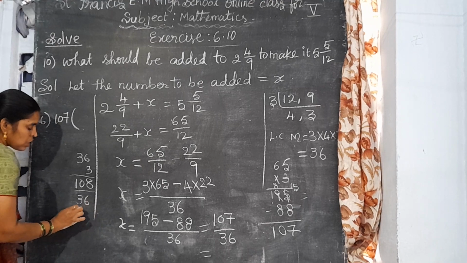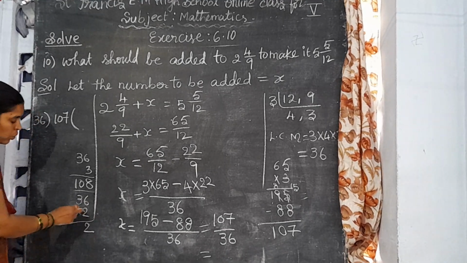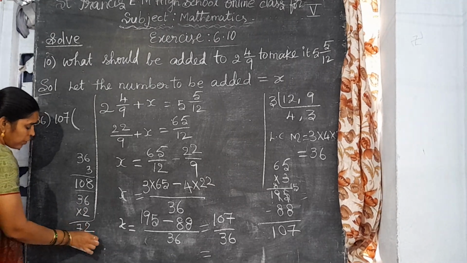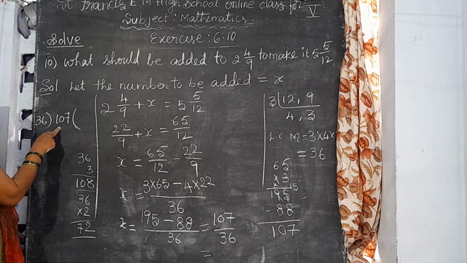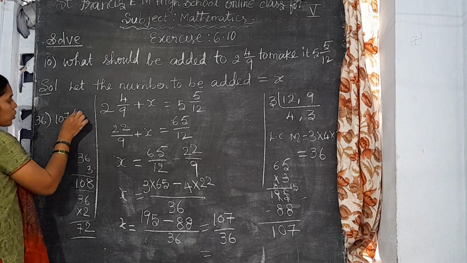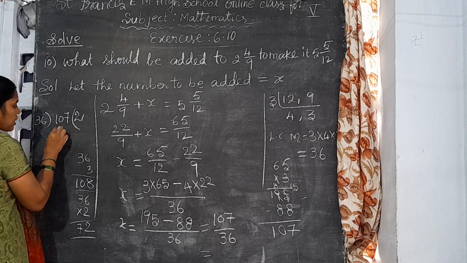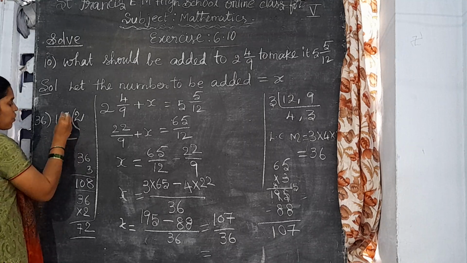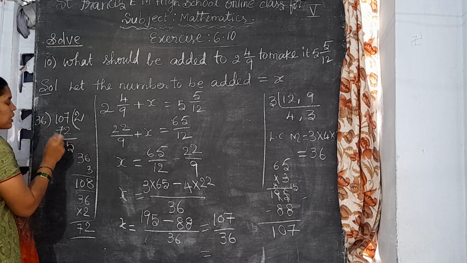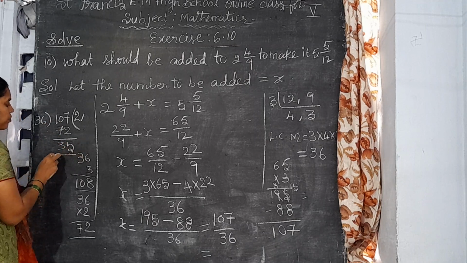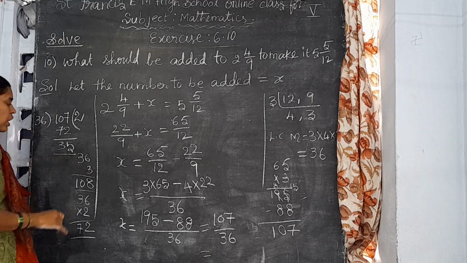So 36 2s are, 2 6s are 12. 1 carrying. 2 3s are 6 plus 1, 7. 72. So how many times does 72 go from 107? 2 times. That 2 you should write in the quotient place and do subtraction. 7 minus 2, 5. 10 minus 7, 3. 35. Is 35 less than 36? Yes. So our answer is correct.